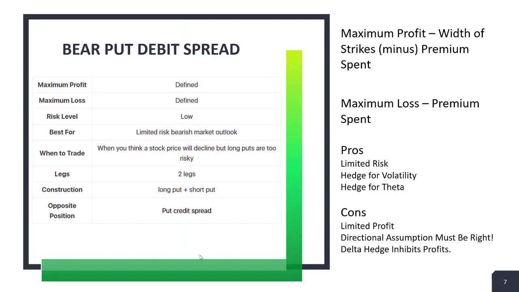Okay. So we have that defined risk, defined loss. We have a relatively low trade setup. It's more conservative than buying a straight put. Okay. You have to be bearish on the trade. You just have to have that directional assumption that's bearish.